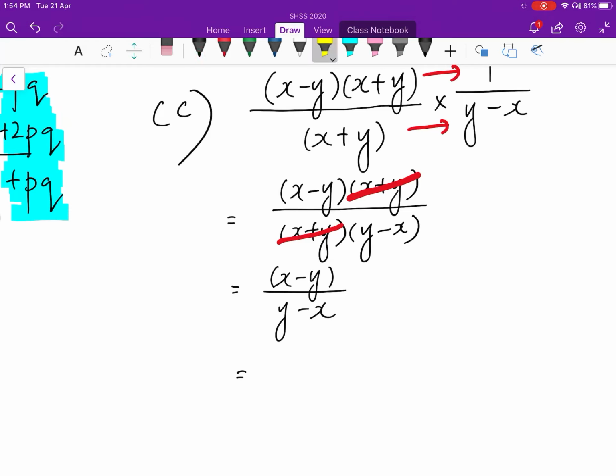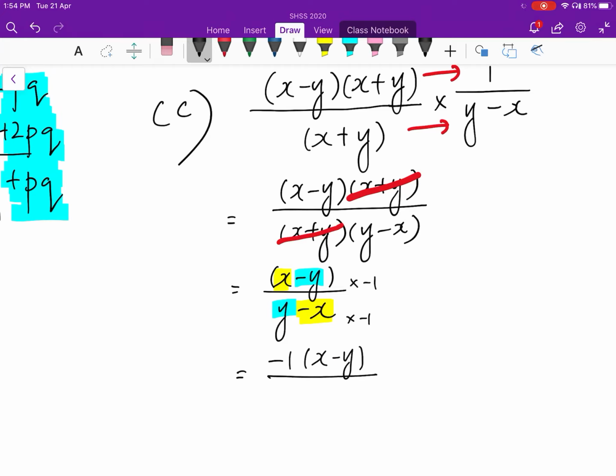Now if you realize x minus y and y minus x, they are very similar. So how similar is it? This is minus x, this is positive x. This is negative y, this is positive y. There must be some way we can cancel. Yes, there is a way we can cancel. The magic is to multiply by negative 1. At the numerator, I don't expand the minus 1, I just leave it outside.